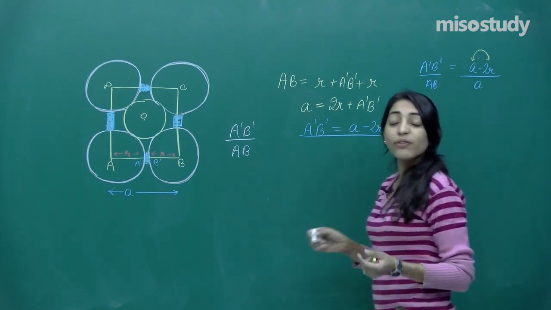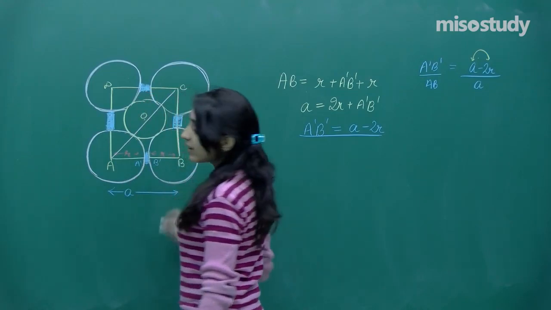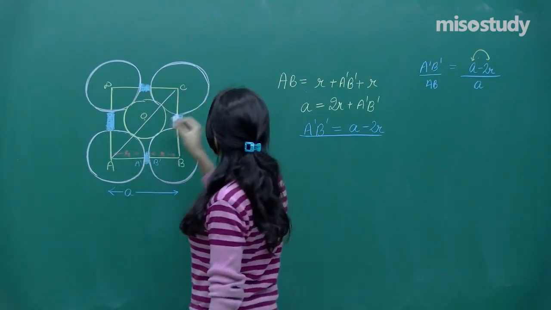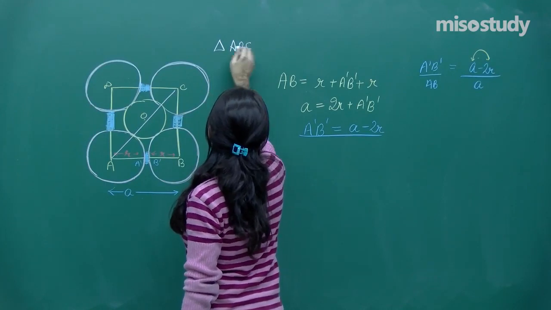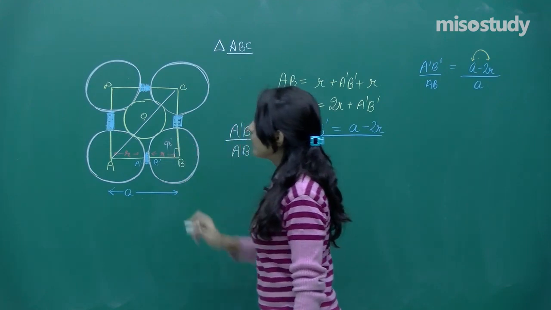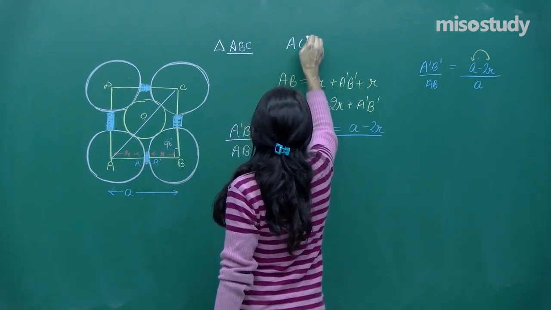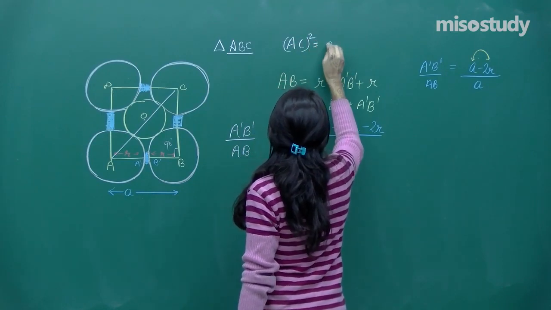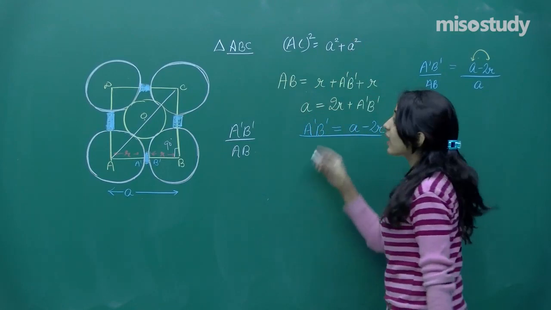But we know that this is a face-centered cubic unit cell. So I can ask you to consider the diagonal of the face. Okay. Consider the triangle ABC, where angle B is 90 degree. Right. So can you apply Pythagoras theorem? AC whole square will be equal to A square plus A square, which can be written as 2A square.